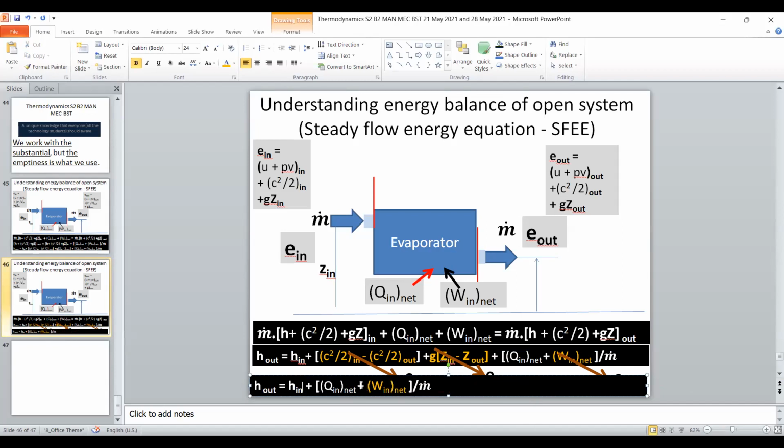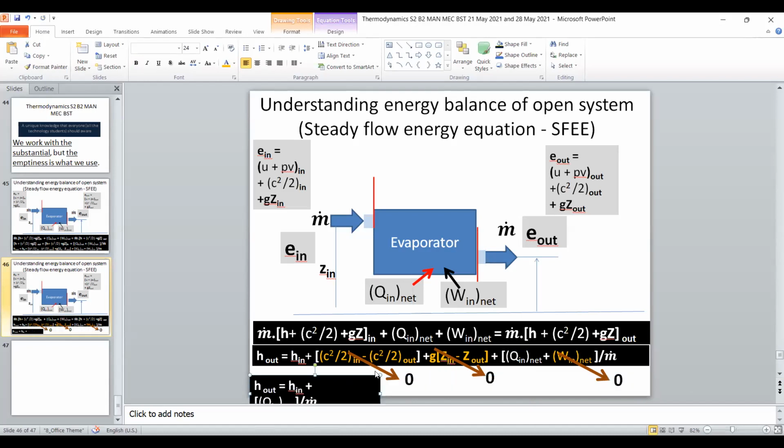And then it's like this. Finally, like this. So this is Q in net by m dot.